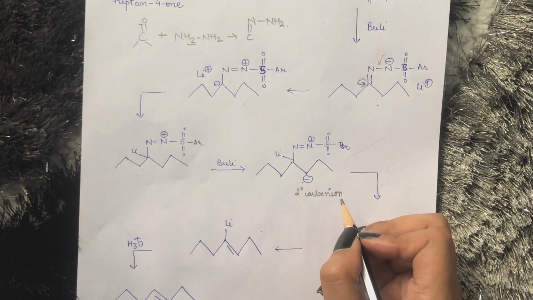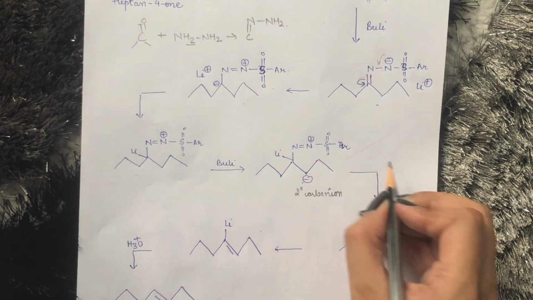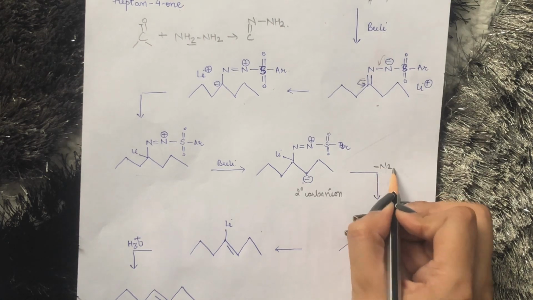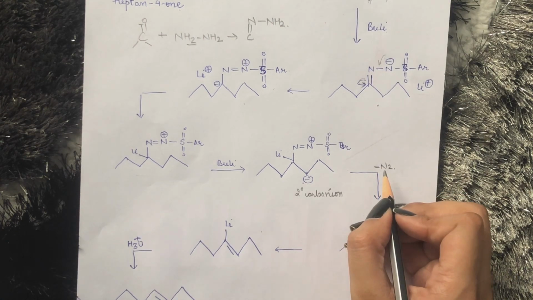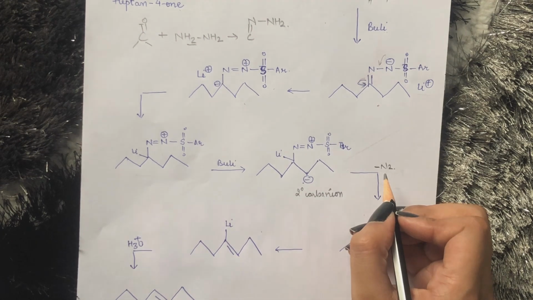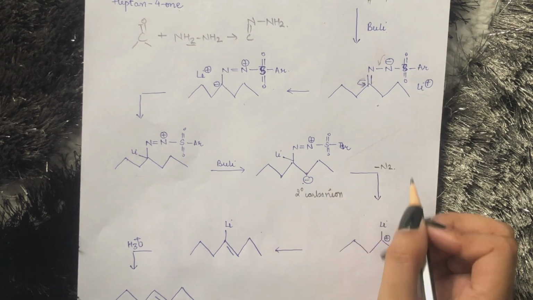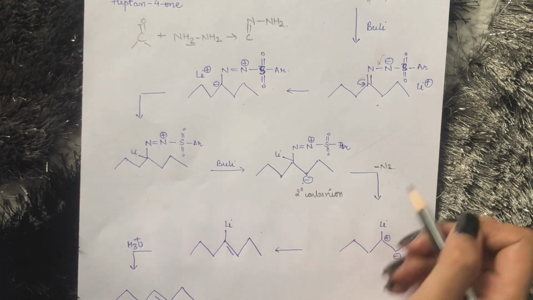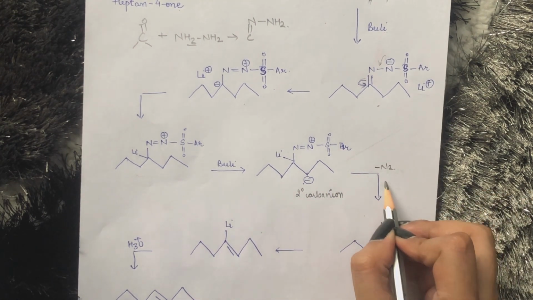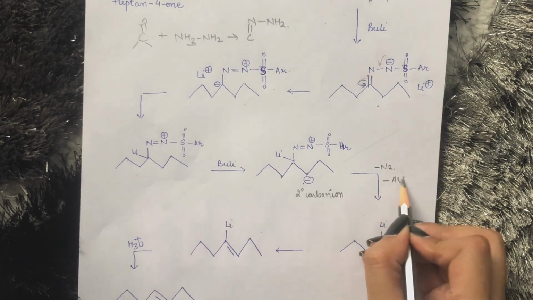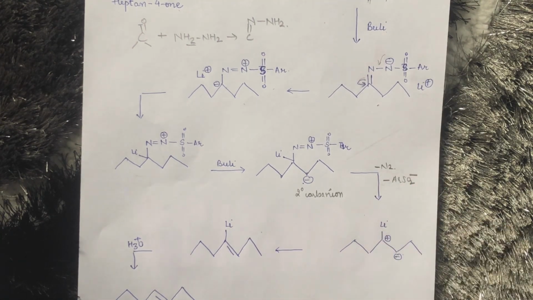In the next step, loss of nitrogen gas takes place, as release of gas will increase the entropy of the system. Hence it is a feasible process and it is the driving force for the next step. Also ArSO2 gets eliminated.